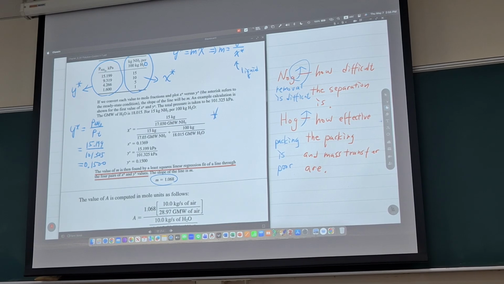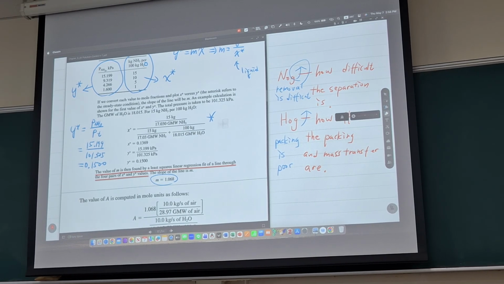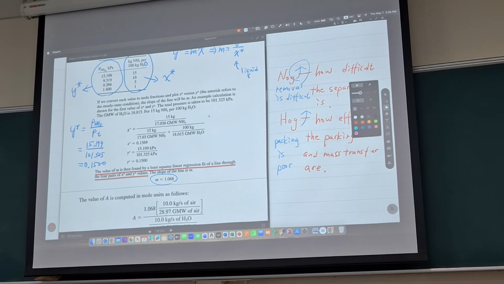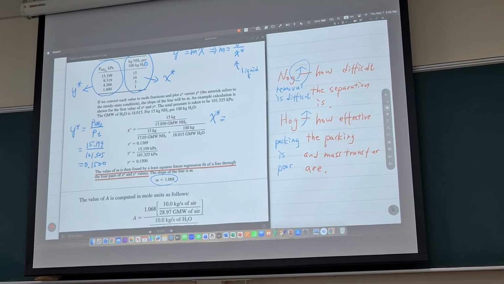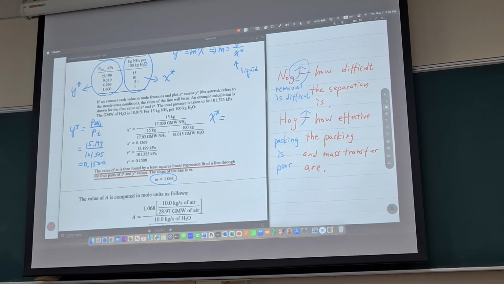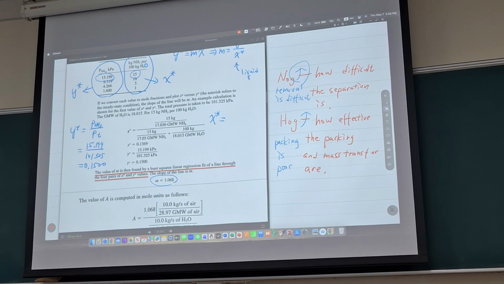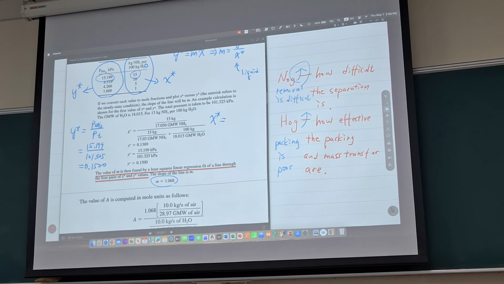So, x star. How to calculate x star? Okay, so x star can be calculated from this for 15 kilogram. We can use this one, for 15 kilogram ammonia per 100 kilogram water, right?